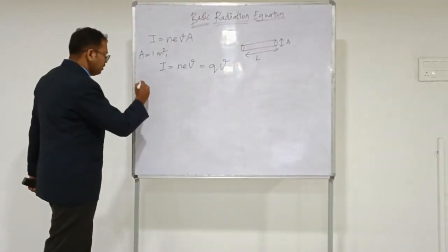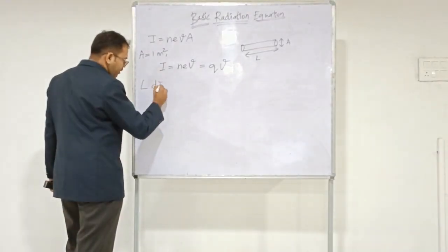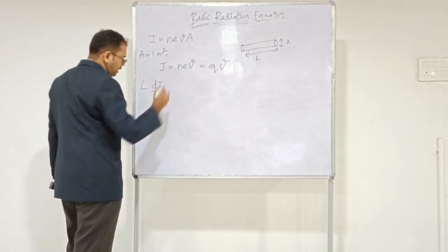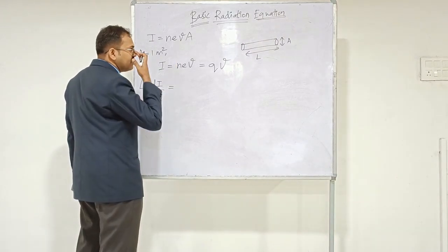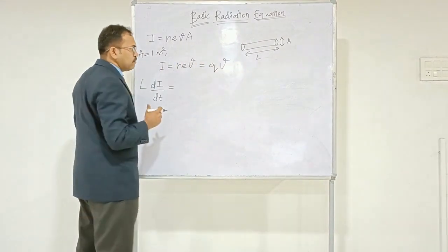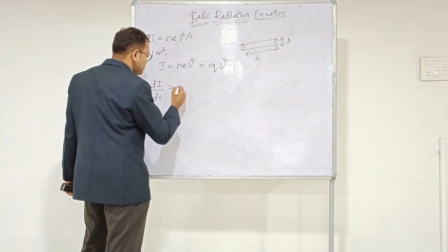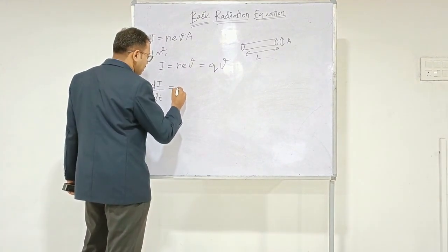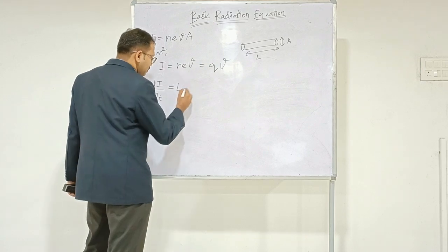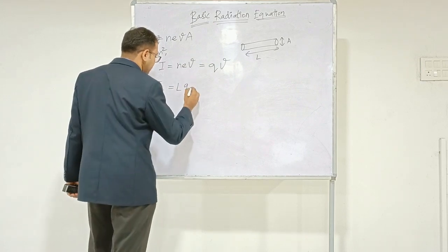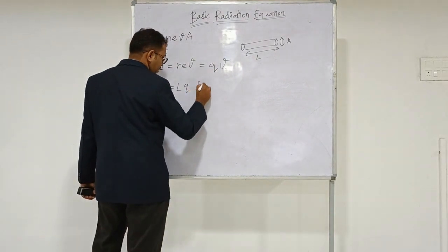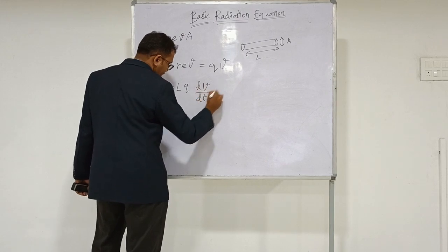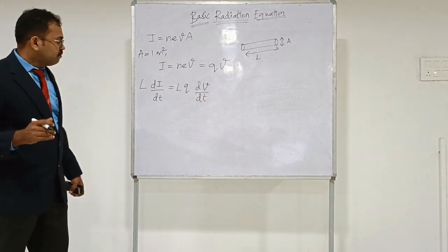Okay, so we have considered length L, right? So now what will be the time varying current flowing through length L? L into dI by dt will be, right? So we have considered a current carrying conductor of length L. So this becomes L into Q into dV by dt. The charge is independent of time, but velocity is definitely a time dependent variable.